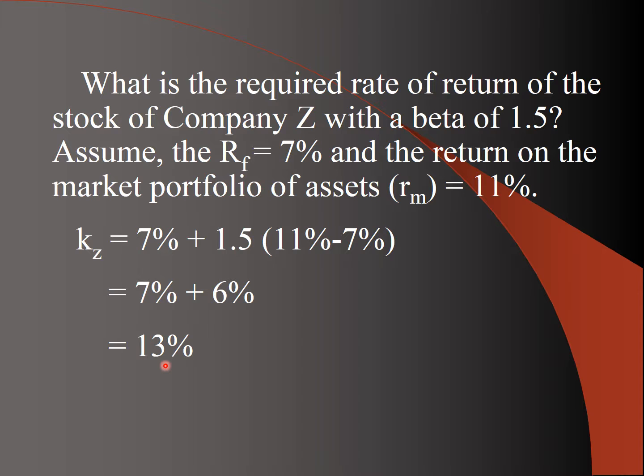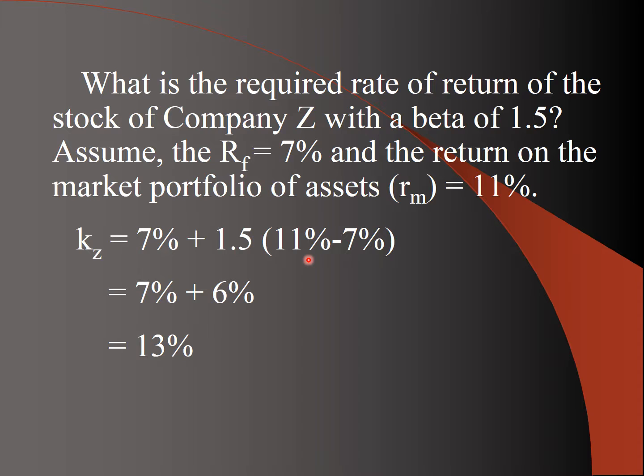So that's pretty straightforward. But there's a couple things in this equation I do want to point out. As I mentioned, this is referred to as the market risk premium. Notice if you take 11% minus 7%, we get 4%, correct? So what this is telling us is that the market is paying a 4% premium over the risk-free rate to take on average risk, right?